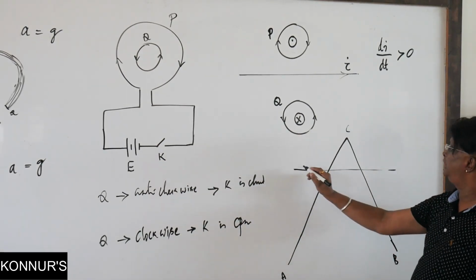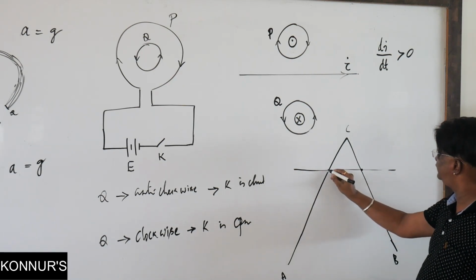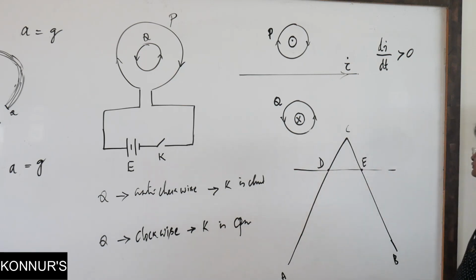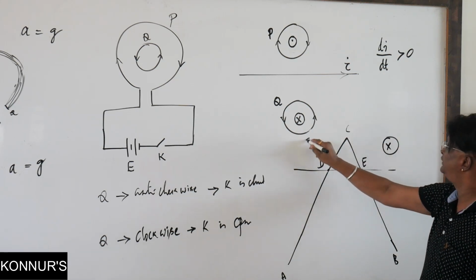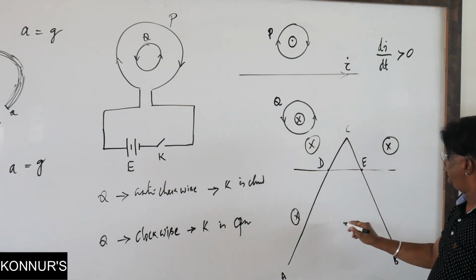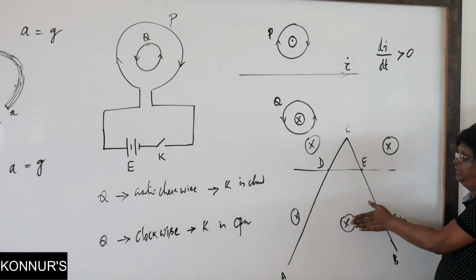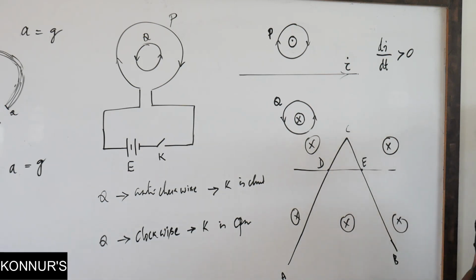Let me take this part ABC. This is D and this is E. Now supposing there is a magnetic field which is directed normally into the plane. And now this entire thing is in the vertical plane. All these wires are in the vertical plane and the magnetic induction is given to be inward.